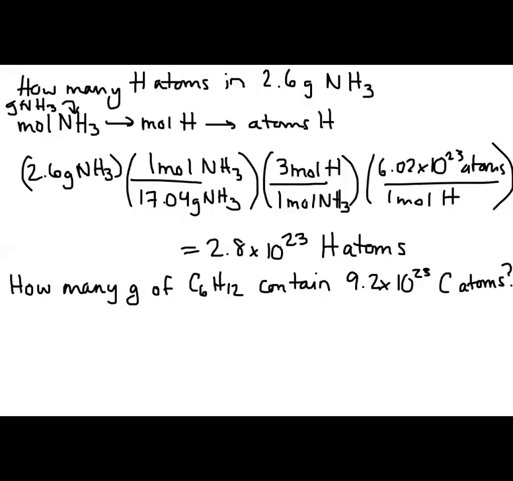How many grams of C6H12 contain 9.2 times 10 to the 23rd carbon atoms? What are you going to start with? Atoms. What are you going to end with? Grams. Okay, knowing that, have at it.